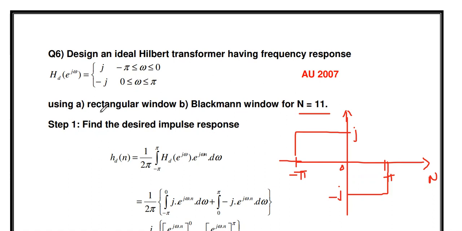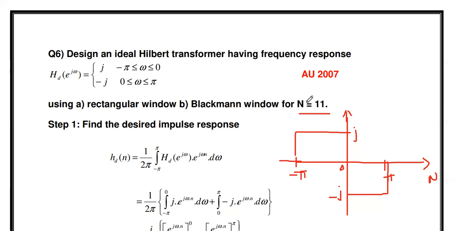You already know the steps for designing the FIR filter. What is the first step? From the frequency response HD of e power j omega, we have to find the desired impulse response, small HD of n. Then we take the corresponding windowing sequence for capital N equal to 11.